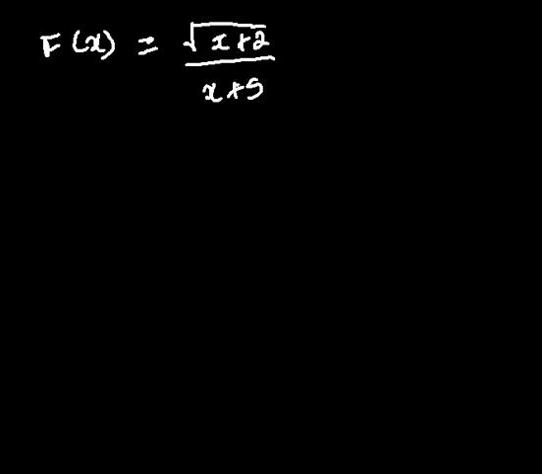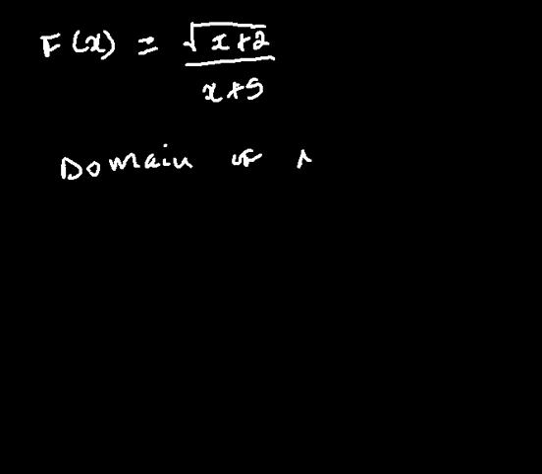How do you think you can handle the case where we have a square root on top? When it comes to this case, we should determine the domain of the numerator as well as the denominator separately, and we'll use what we call the intersection technique to determine the domain of the whole function. Now let's start with the domain of the numerator.